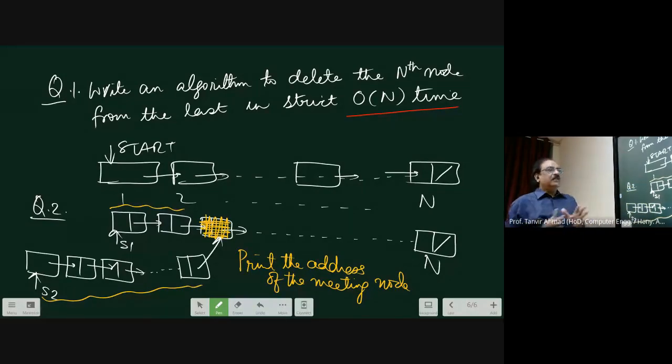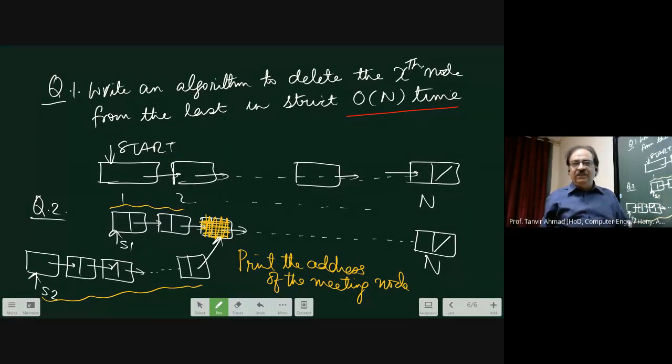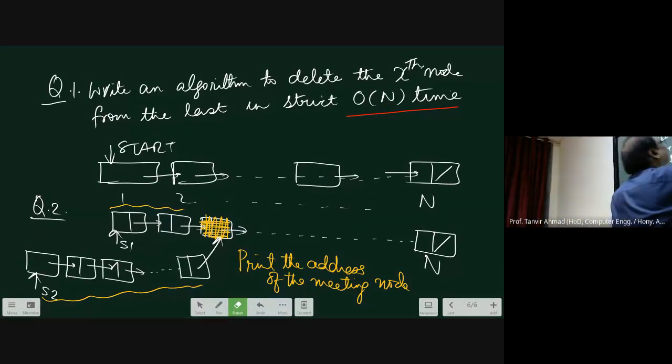That means suppose I have 100 nodes and I want to delete the 10th node from last. Okay, I will write it like this so that this will be the X. That means if n is, suppose I don't know n, otherwise if I know n, the solution is very easy. N is unknown.